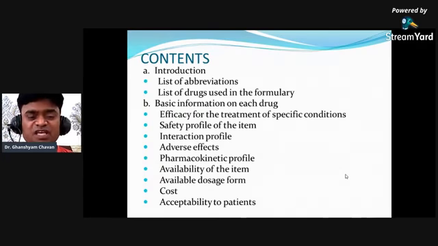Cost. Here the cost varies from company to company, so that depends on the industry, and the industry decides the cost of that medicine. If they have their own molecule, their cost will be high. If the company is working on a loan license, their cost will be less.